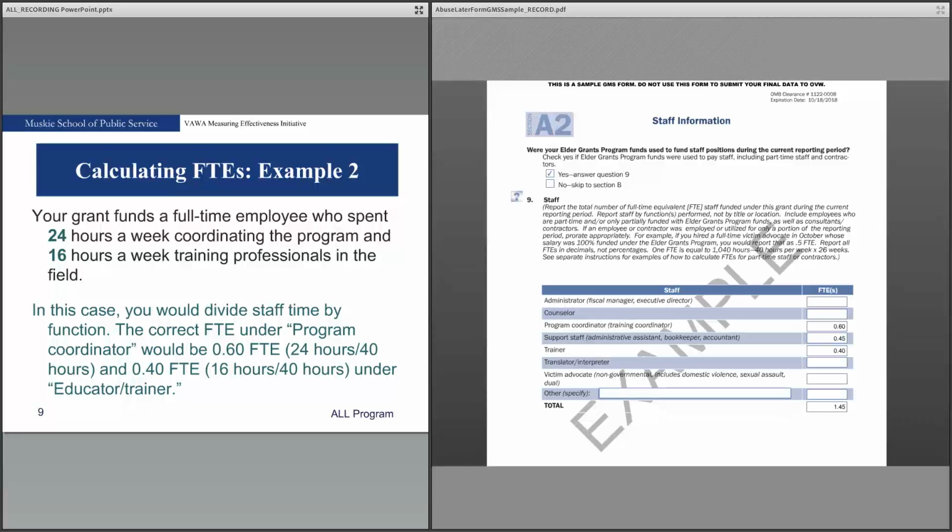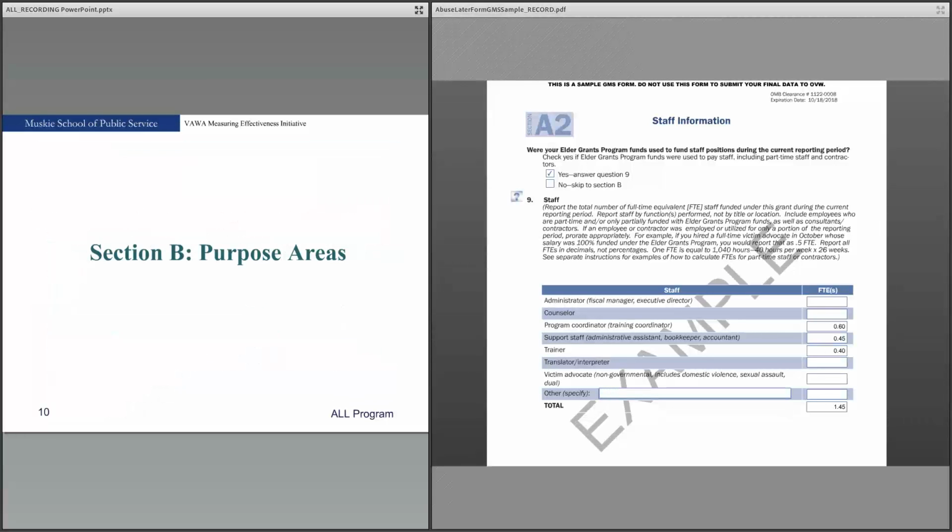So as you can see in the staff section in our example GMS form, program coordinator has 0.60 FTEs and trainer has 0.40 FTEs reported. This brings the total FTEs in our example to 1.45.